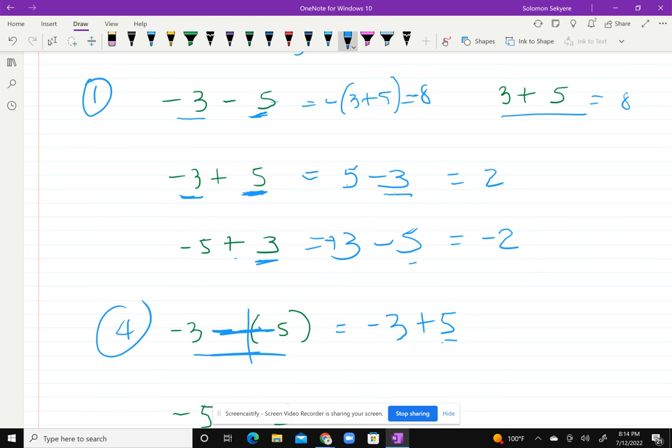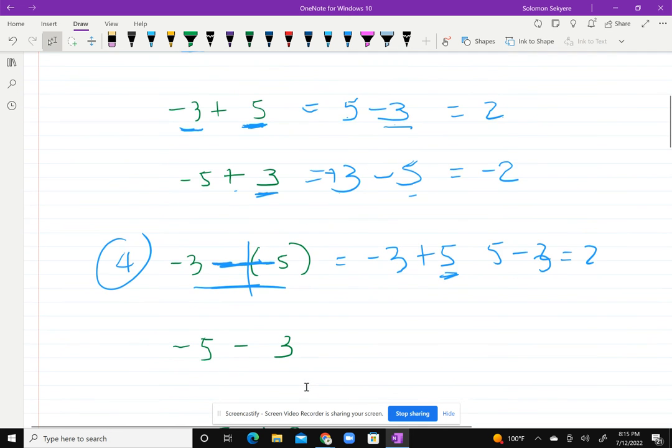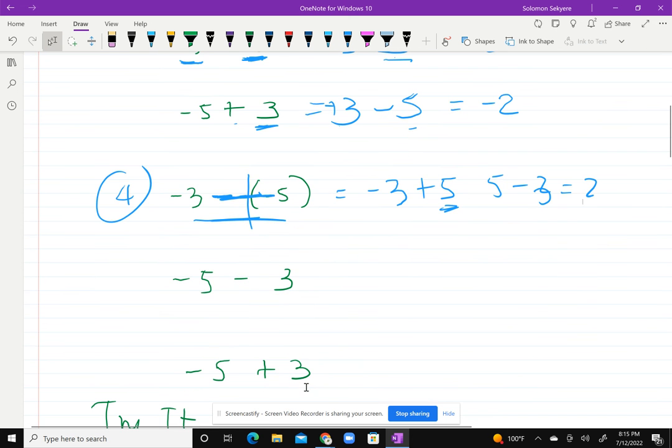And what did I tell you? Write your positive number first. 5 minus 3 equals 2. Okay. Negative 5 minus 3, you've got two negative numbers, is negative of 5 plus 3, the same as negative 8.